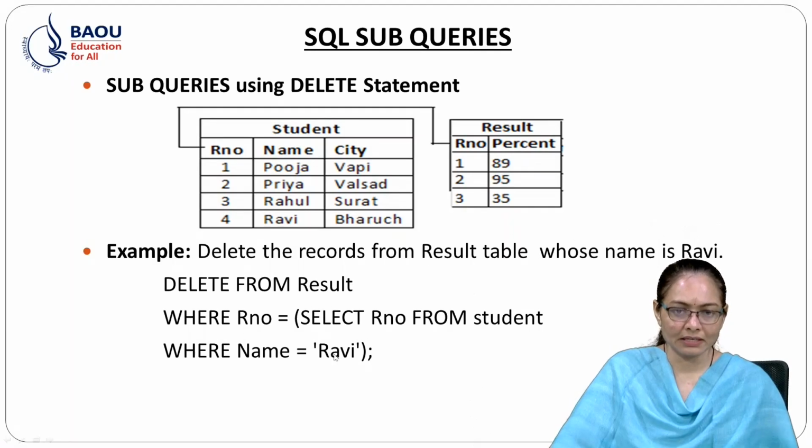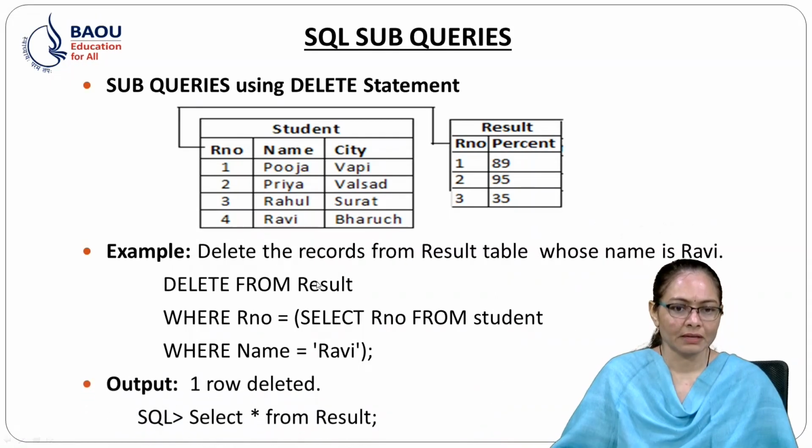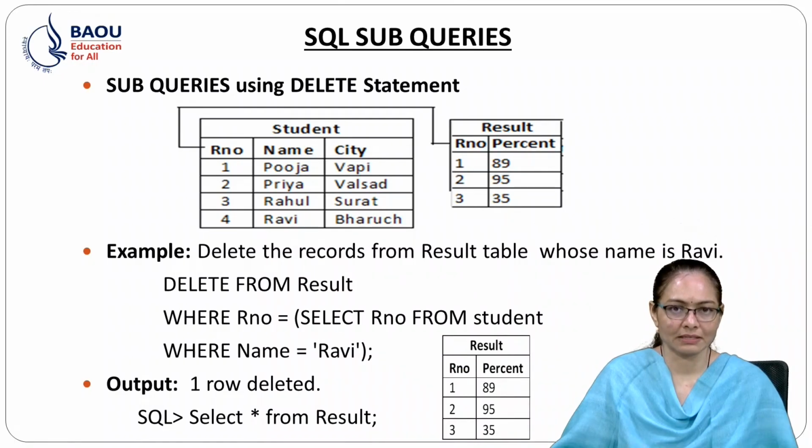It has an inner query and an outer query. The inner query finds the roll number of the student Ravi and matches it with the roll number, and then that roll number's record is deleted. Now the output is one row deleted, and select star from result. See here, roll number 4 is deleted.